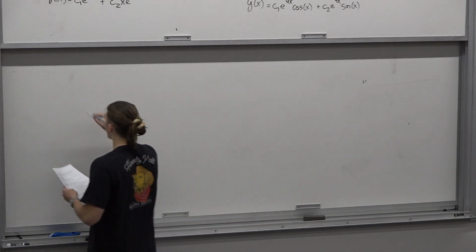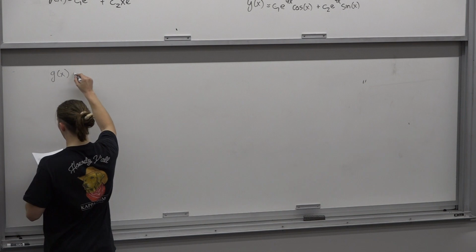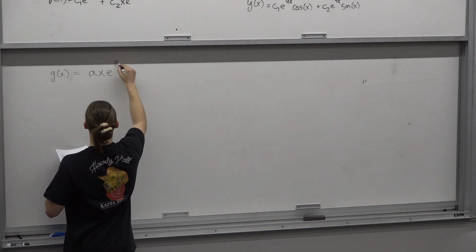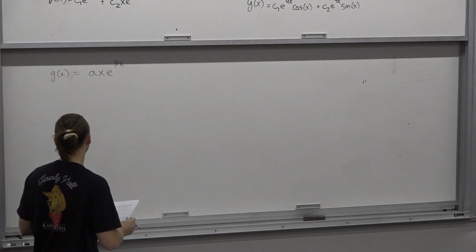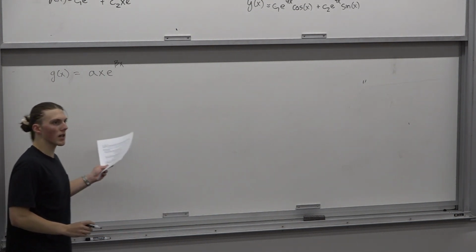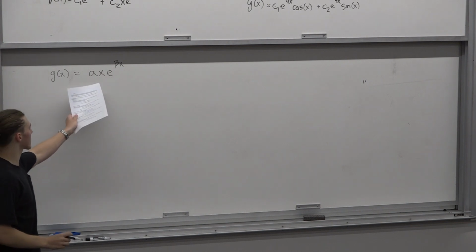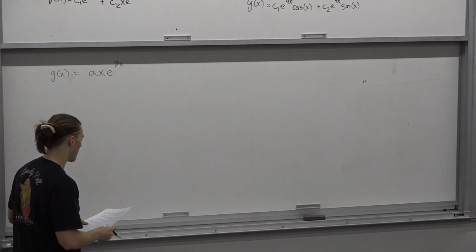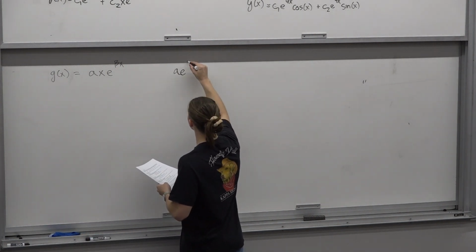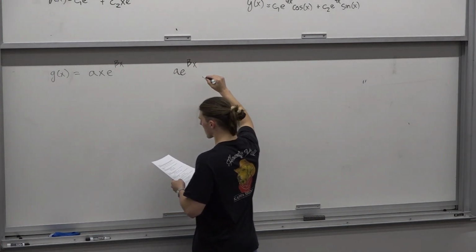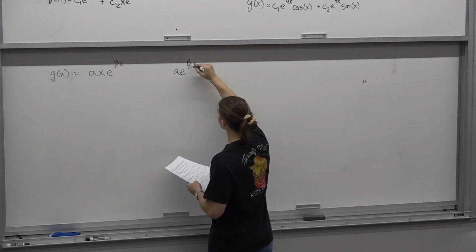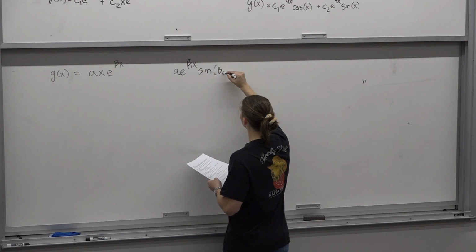What if our g of x is something like a x e to the beta x? It doesn't really fit in with the table because it's not a polynomial, it's not just an exponential function. What if our g of x is something like a e to the beta x and then sine beta x?